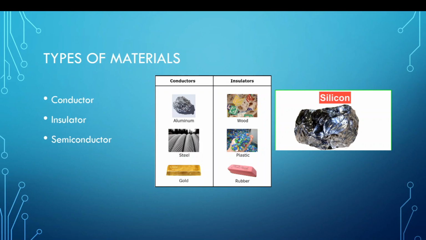Electricity cannot roam freely in an insulating object. Let's take rubber, for example. If you try to put electricity into rubber, it's not going to flow freely. Examples of insulators other than rubber are plastic and wood. You might think that wood is conductive, which it is not.